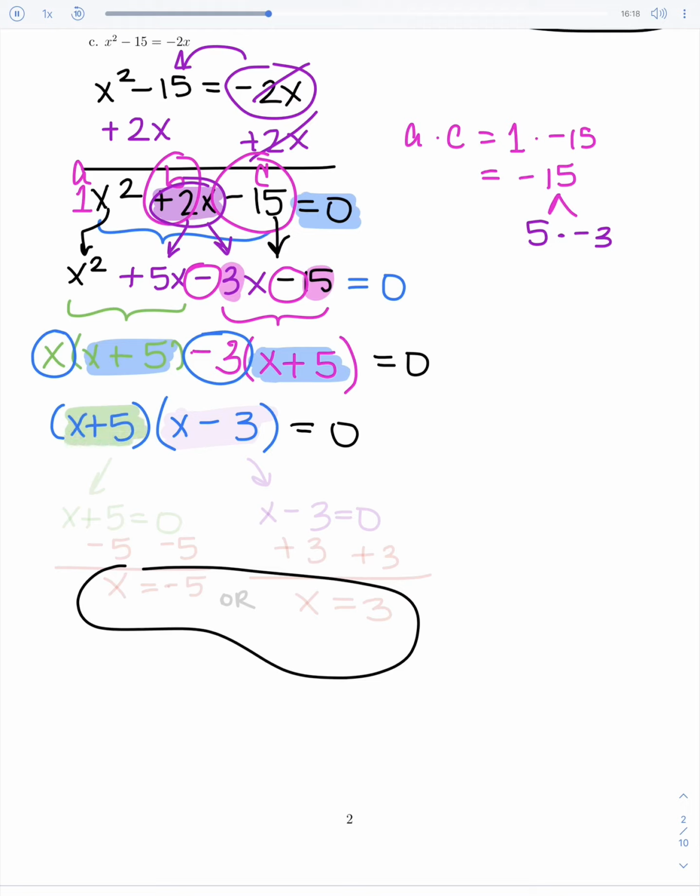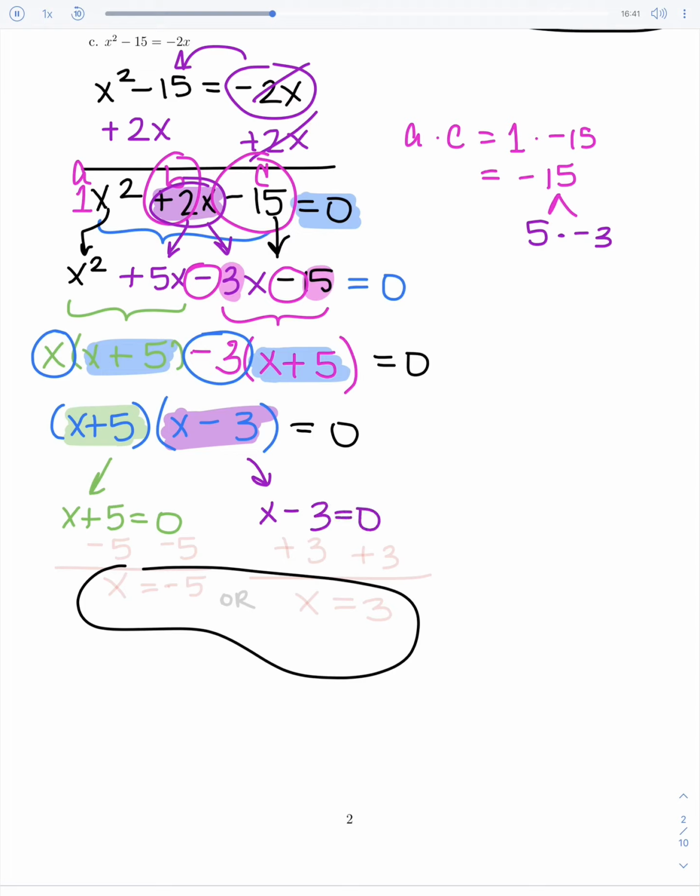So we'll start out by taking our first piece, the x plus 5, and setting that equal to 0. And we'll also set the second piece, the x minus 3, equal to 0 as well, to get our two answers.